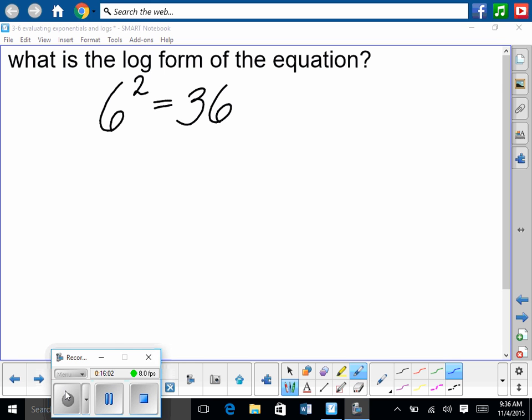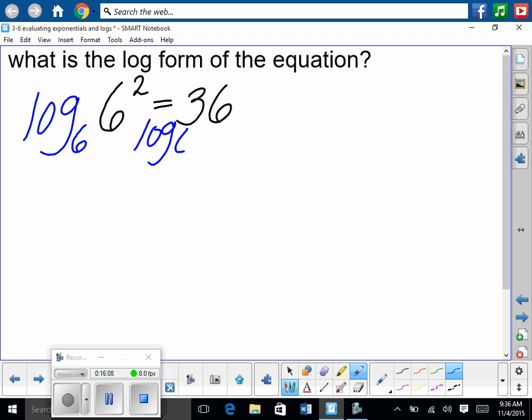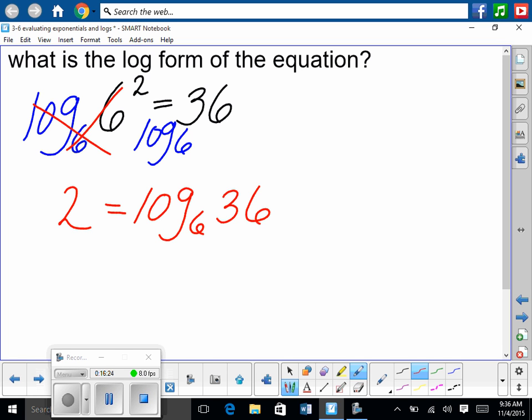So we're going to take log to the base 6 of both sides of the equation. Now over here on the left, log to the base 6 and base 6 cancel out. They're inverses of each other. So we have 2 is equal to log to the base 6 of 36. This is in logarithmic form. So we went from exponential to logarithmic.